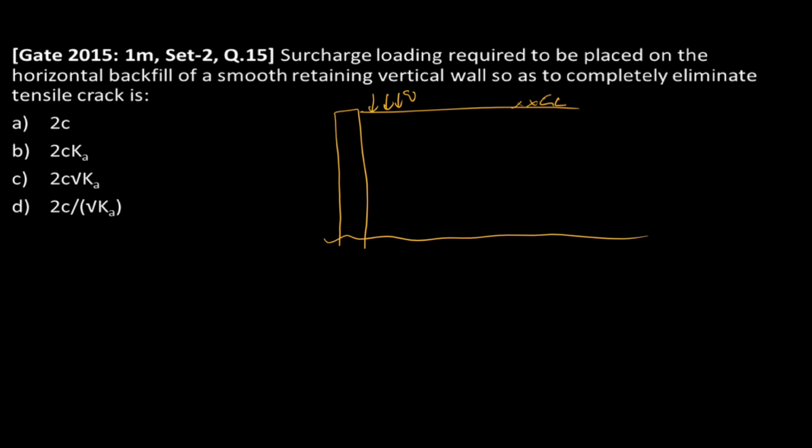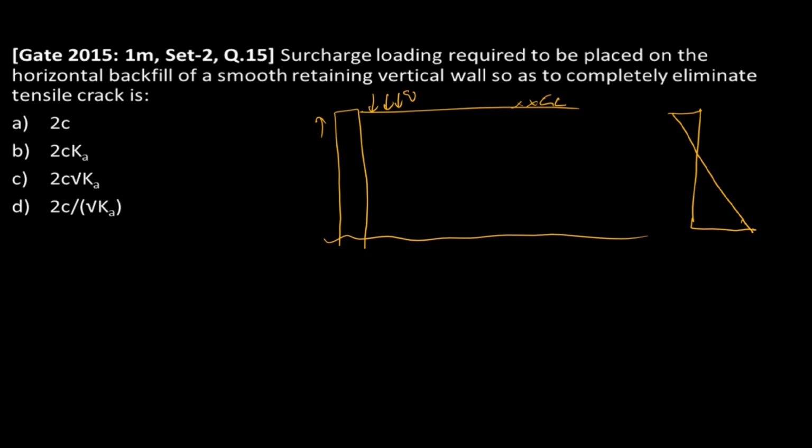completely eliminate tensile crack. If you see the stress distribution diagram of this particular retaining wall, it will be somewhere around like this, where the pressure at the top layer.